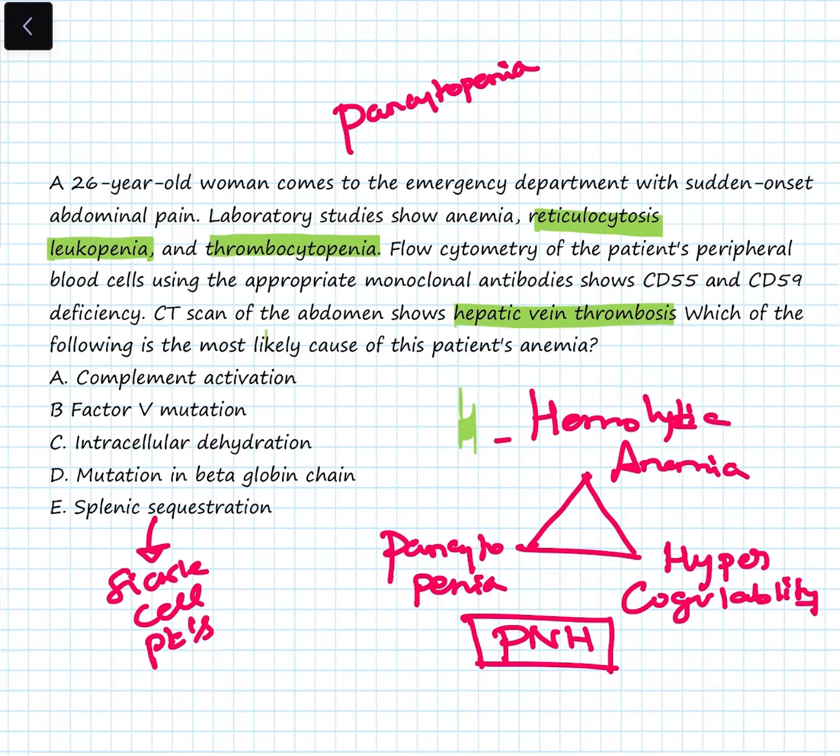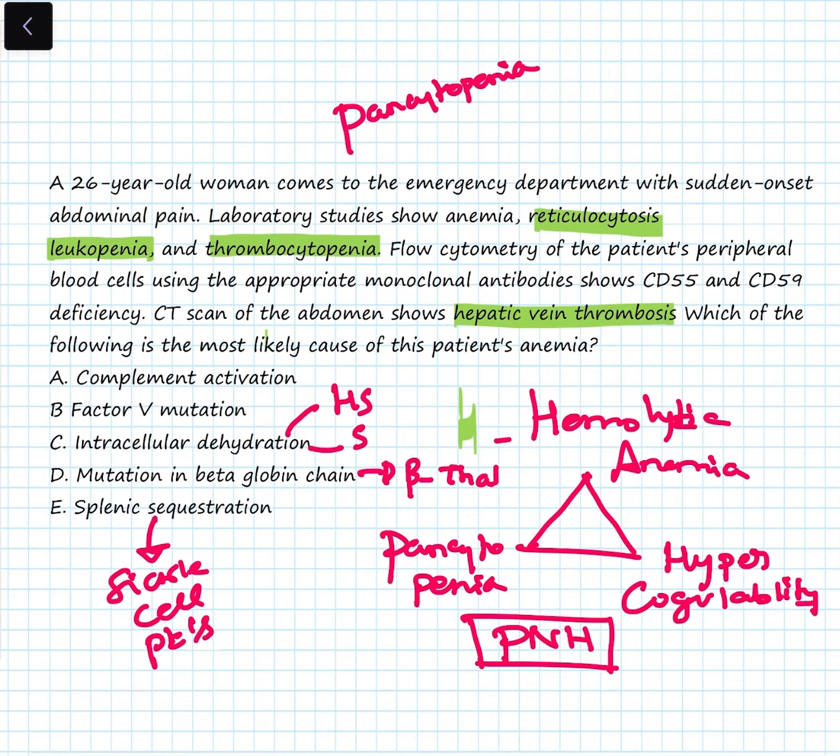And again, the mutation in the beta globin chain can be seen with beta thalassemia. Intracellular dehydration is typically seen with hereditary spherocytosis.